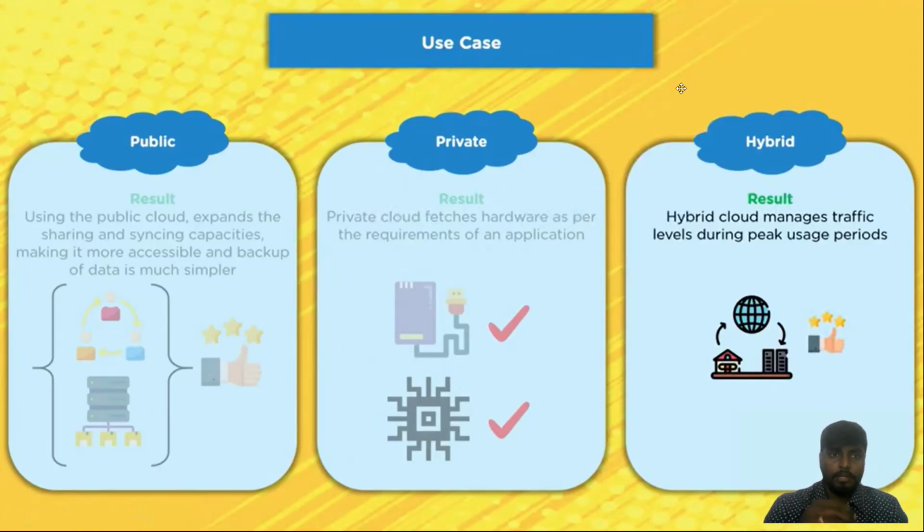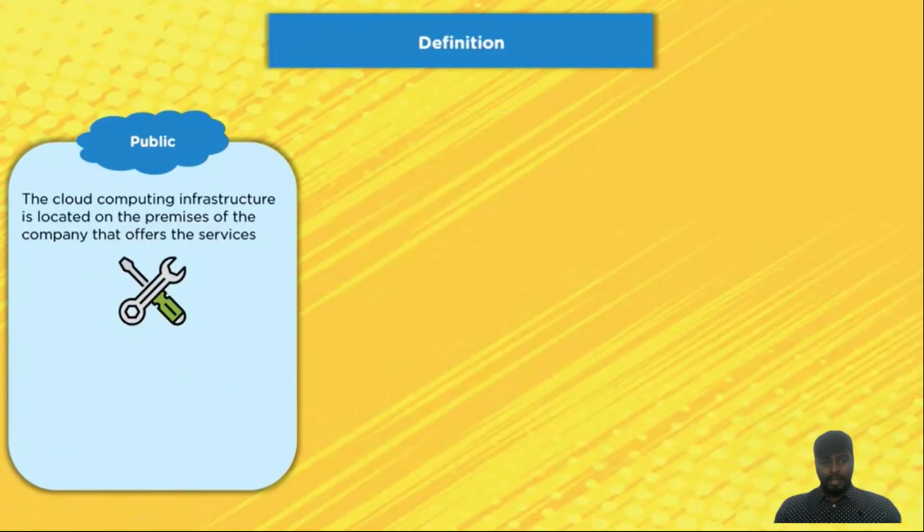Okay, next slide. Definition. As I said, the problems that are solved by cloud computing in various forms. In the previous slides, we saw what problems the different clouds solve.